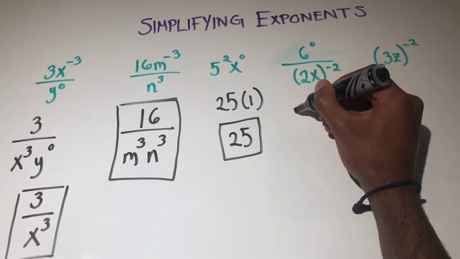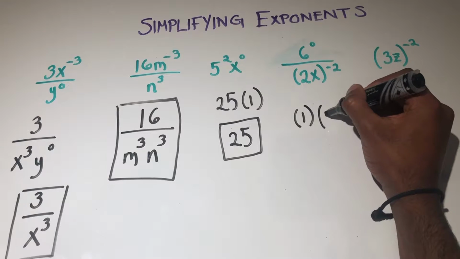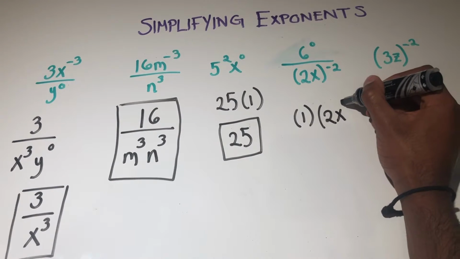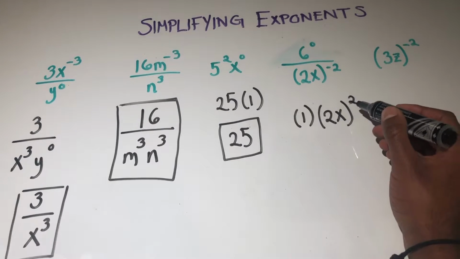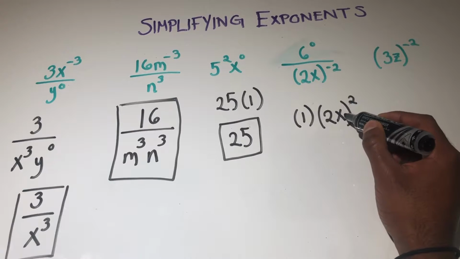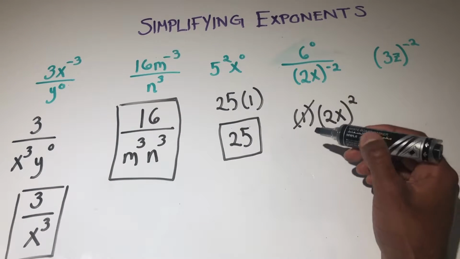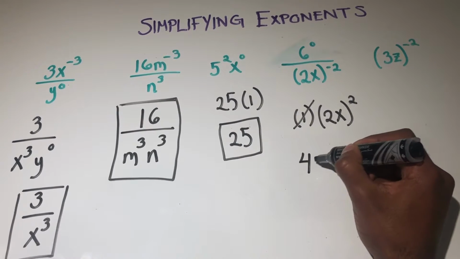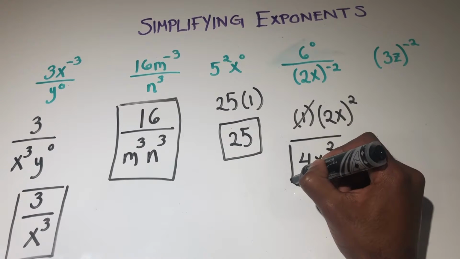So 6 to the power of 0 is just going to be 1 times 2x squared. Now we're not done yet. We have to distribute the 2 over to the 2 and to the x. So 1's just going to go. This is going to become 4x squared. And this is our answer.